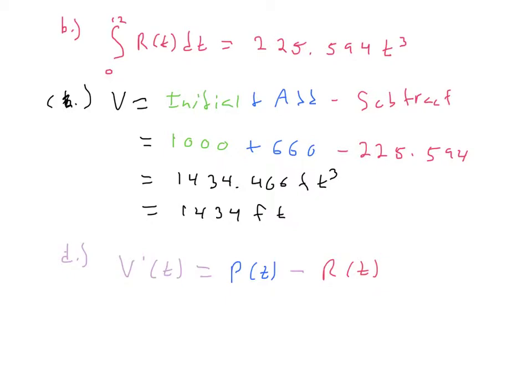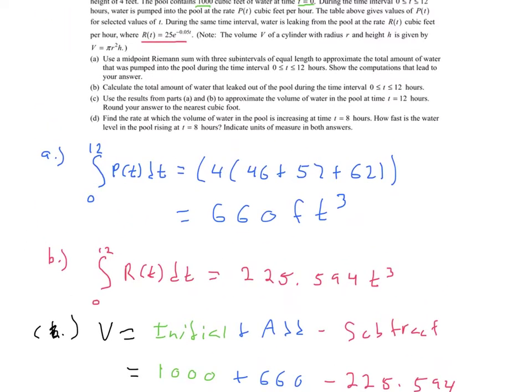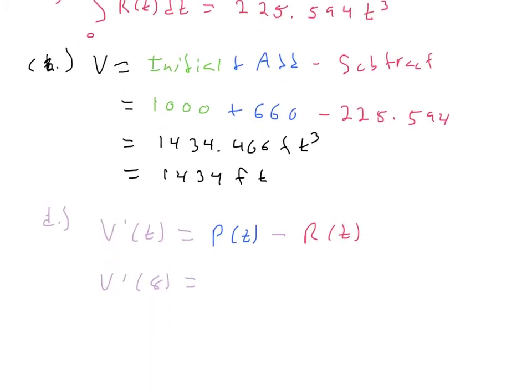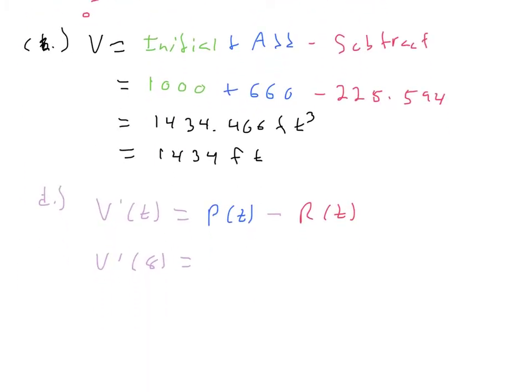If we want to evaluate this at a time of 8, how much was being pumped in at a time of 8? Going back to the table of values, 60 cubic feet of water was being pumped in. So P of 8 is equal to 60 minus how much leaked out at 8?